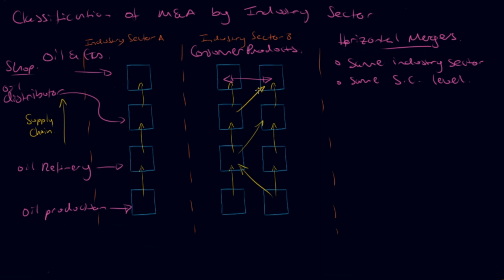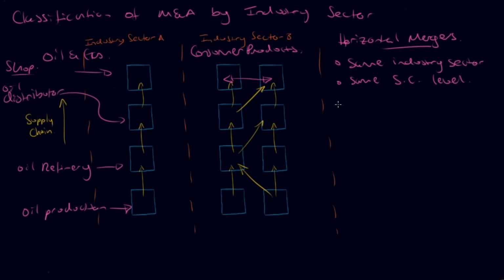But in this case, we're in the consumer products sector. So it might be two stores selling fast-moving consumer goods, like Boots the Chemist, and I think there's another chemist called Baird's or something like that. Anyway, it's two competing companies, and if they were to combine, they form a bigger company doing exactly the same thing as before.